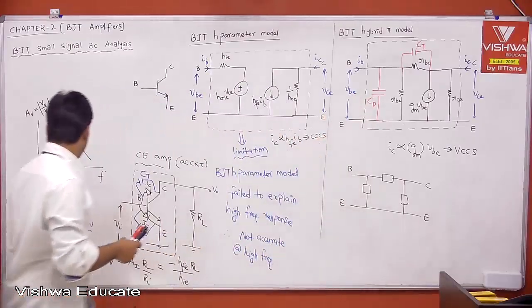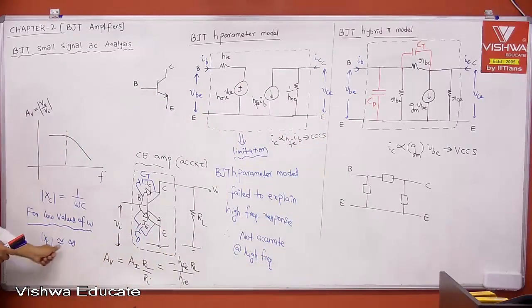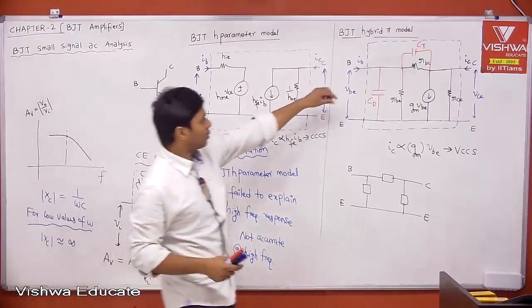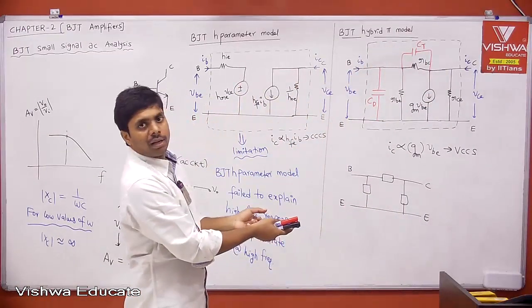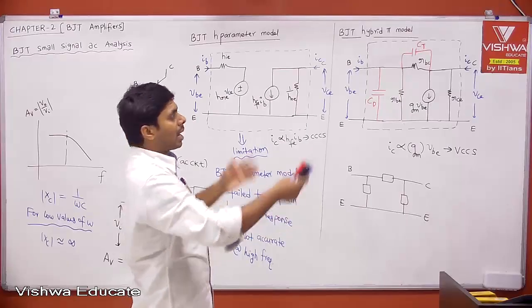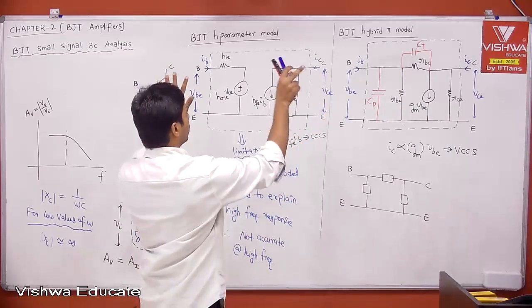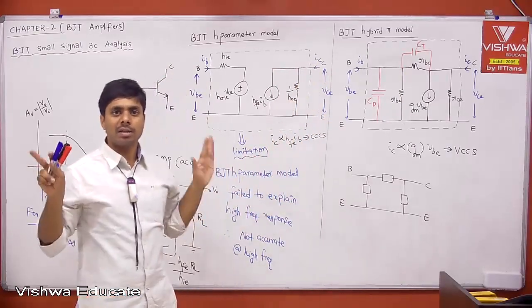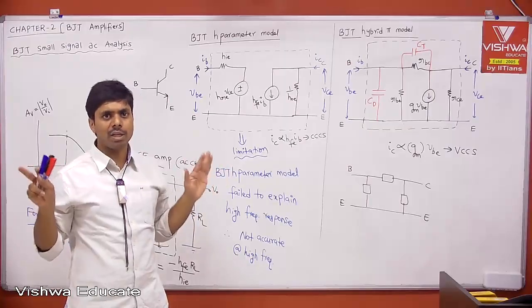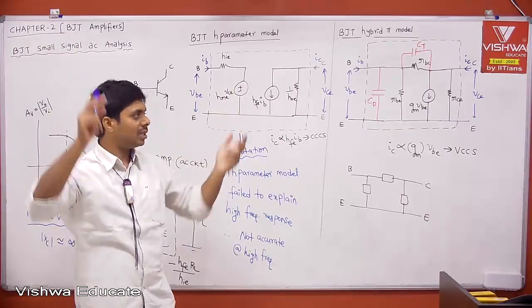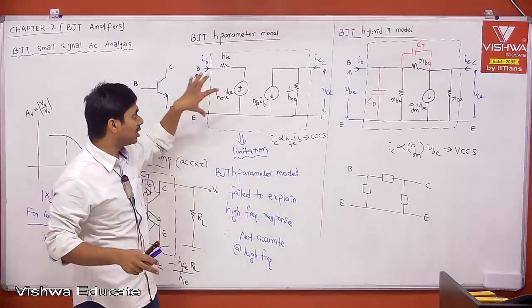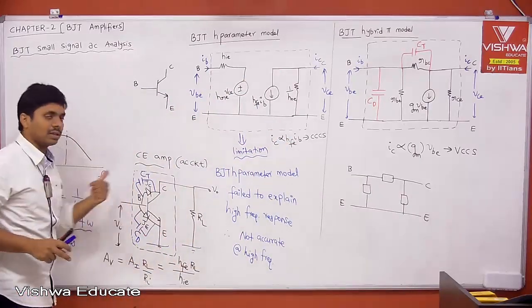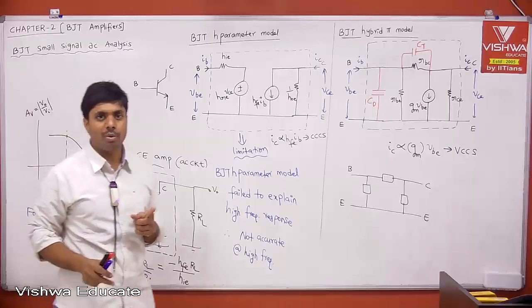As I told you, at low frequency the reactance XC is infinity, meaning open. However you represent the BJT's internal circuit, ultimately the output to input relation should give the same voltage gain. That is very important. But at very high frequency, the H parameter model does not give accurate gain because it does not consider the BJT's internal capacitances. That is very important.